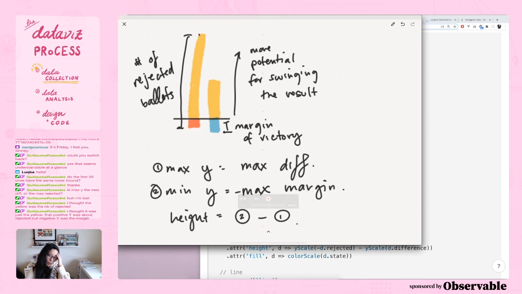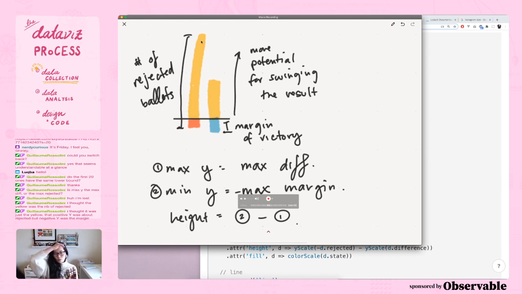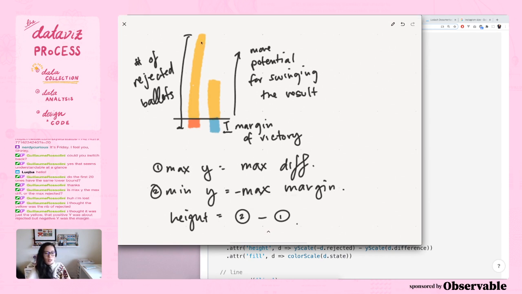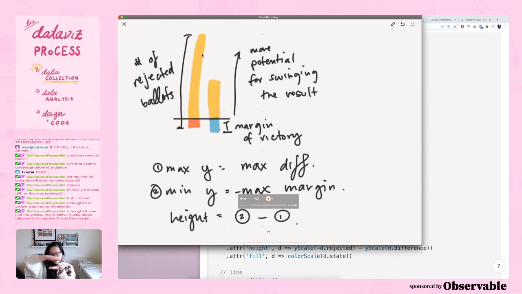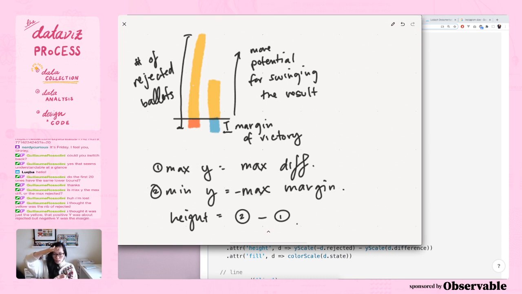The positive y was about rejected. No, it's essentially this whole bar is a rejected ballot, and if you think about a bar that represents all of the rejected ballots, and then you shift it down by the margin of victory, so that's what's happening.